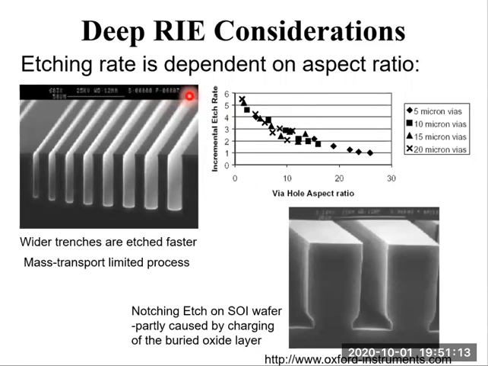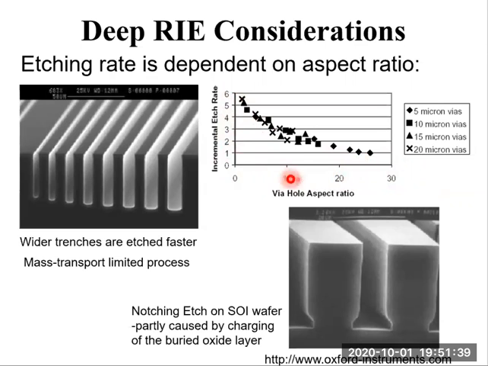But the first issue is that the etching rate is dependent on aspect ratio, or is a function of aspect ratio. As we can observe in this figure, this figure plots the etch rate as a function of aspect ratio. The horizontal axis is the aspect ratio, from 0 to 10, 20, 30.